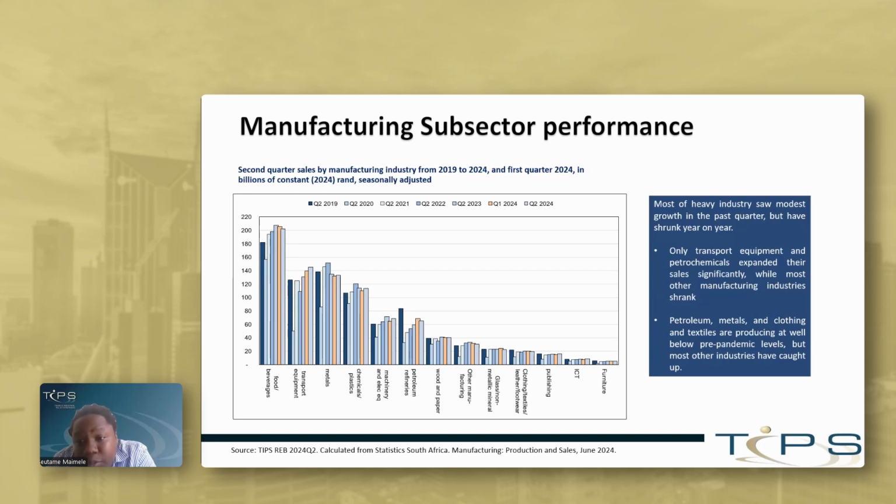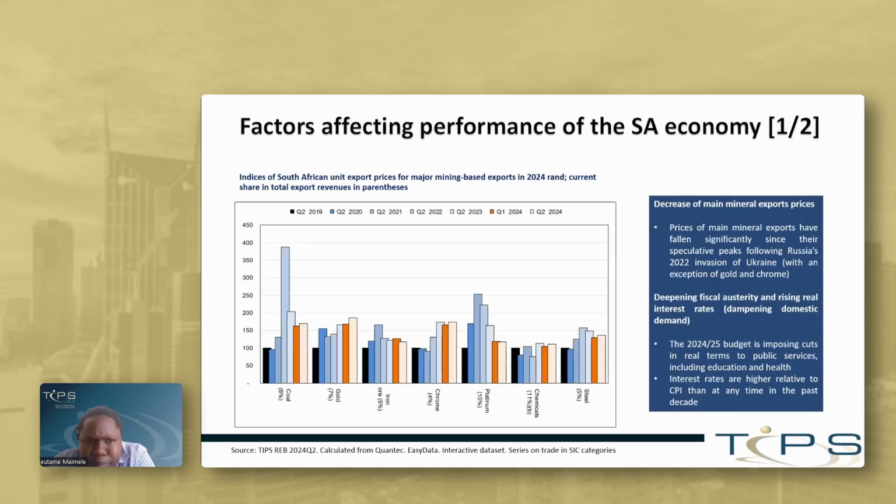Only transport equipment and petroleum and petrochemicals expanded their sales significantly, while most other manufacturing industries shrank. Again, petroleum, metals and clothing and textile are producing well below pre-pandemic levels, but most other industries have actually caught up, as you can see from the graph.